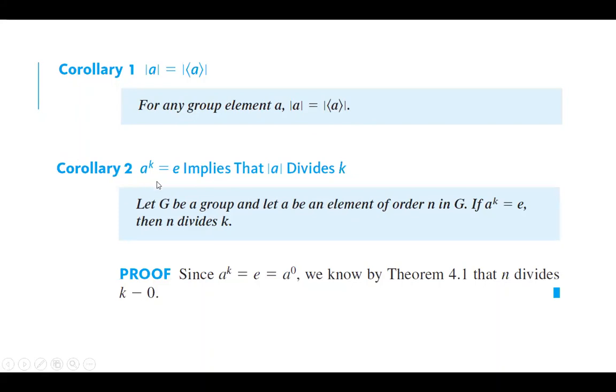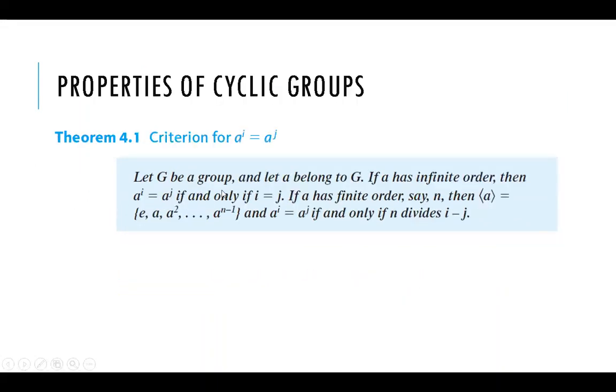Corollary 2 says if a^k is equal to e, then n divides k. This is very simple because we can prove it by using the last theorem statement. a^k is equal to e, and we have an element of finite order. e can be written as a^0. So by the last part of the above theorem, n divides i minus j.